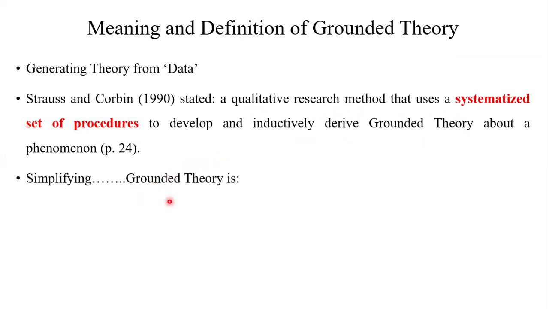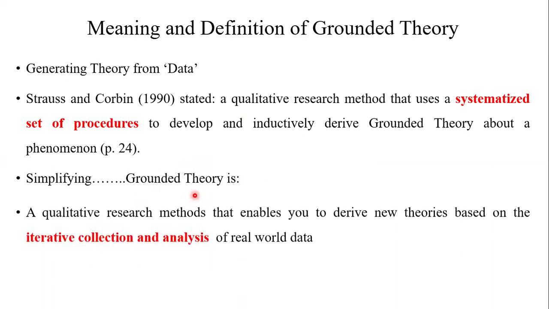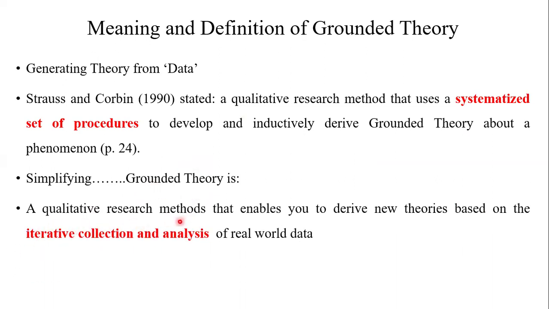So, simplifying, grounded theory is what? Grounded theory is a qualitative research method that enables you to derive new theories based on the iterative collection and analysis of real world data. So, what does it mean by iterative collection or iterative process?